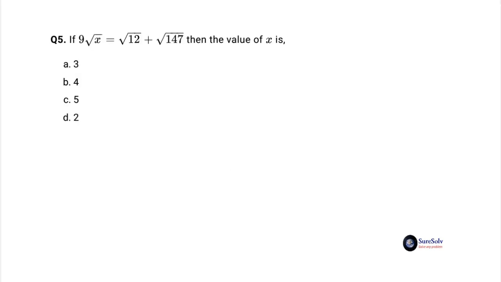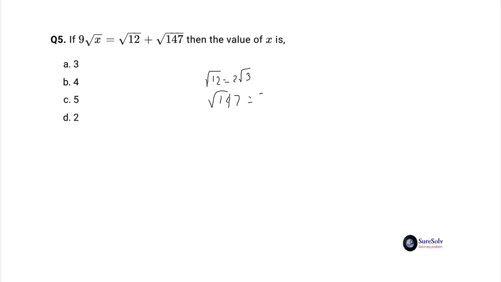Question 5 is, if 9 root x equal to root 12 plus root 147, then the value of x is option A 3, option B 4, option C 5, and option D 2. As such cannot be added numerically, you may feel a little confused for a moment. But then you discover that root over 12 is 2 root 3 and root over 147 is 7 root 3.